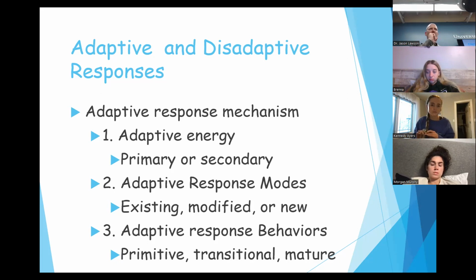And then when my car starts moving forward, I'm going to pull off the gas a little bit. Okay. So your adaptive response modes, you can take what you know works in the past, which is existing. Especially if you're facing something new, it's going to be a new response. And then hopefully, right, you can use some kind of a modified response.